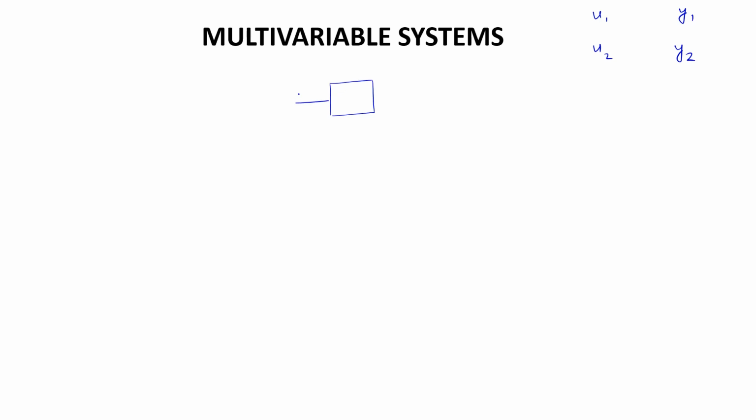The process is such that U1 affects Y1, but then when you change U1 it also affects Y2.